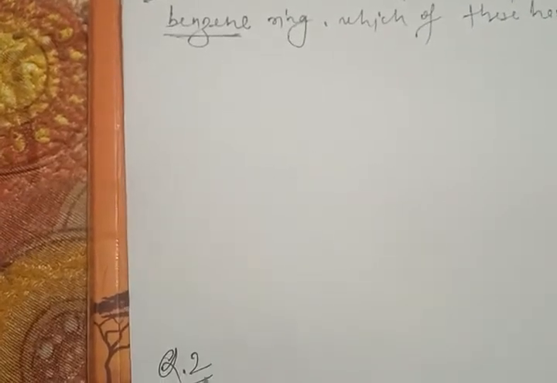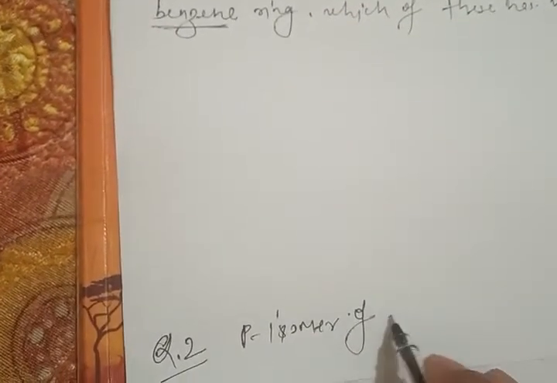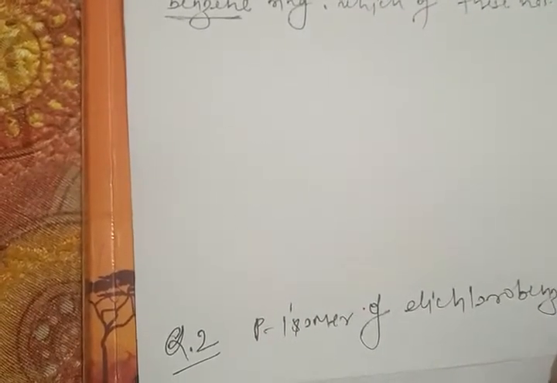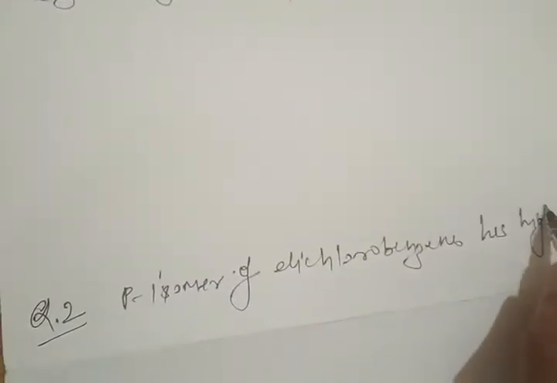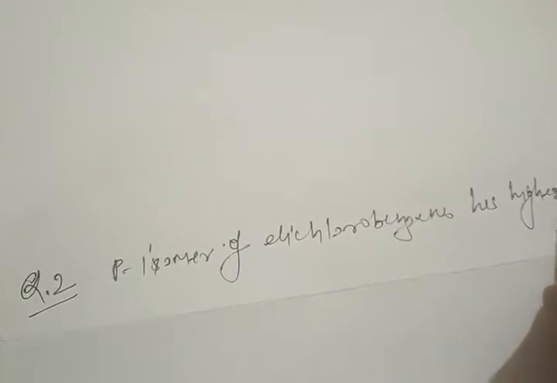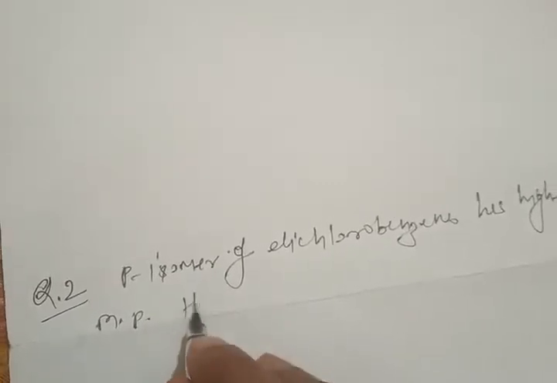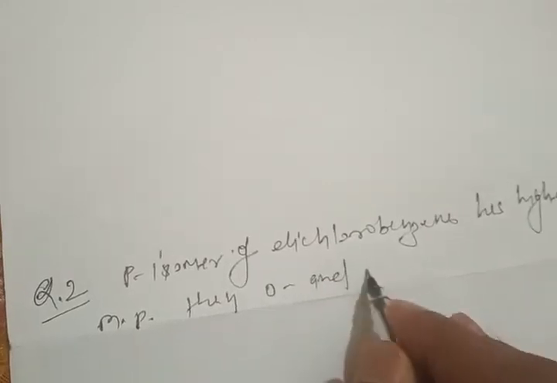Question number 2: the para isomer of dichlorobenzene has a higher melting point, not highest, sorry, higher melting point than the ortho and meta isomers.